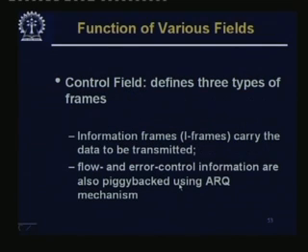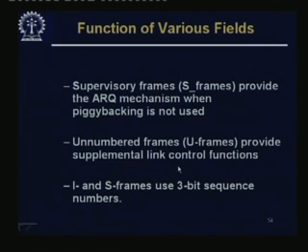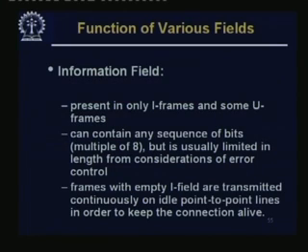Then there are some control fields, which define 3 types of frames. Information frames carry the data, and flow and error control information is also piggybacked using ARQ. Then some supervisory frames are there, and then some unnumbered frames, which provide supplemental link control functions. I and S frames use 3-bit sequence numbers, and the information field is present only in I frames and some U frames.